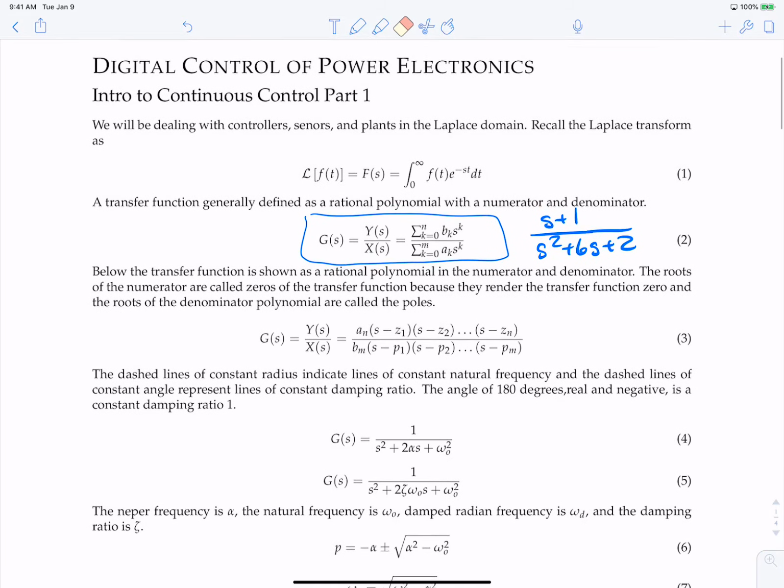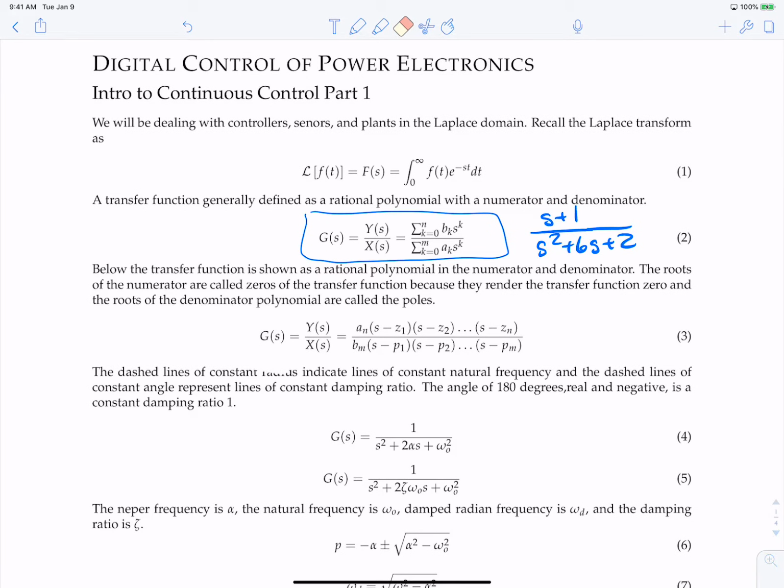Next, you can take this transfer function and factor it. If you factor the numerator, you get zeros of the transfer function, because those numbers drive the function to 0. The zeros of the denominator make the function shoot towards infinity, and we call those poles.